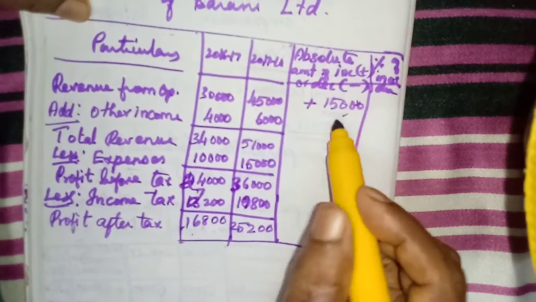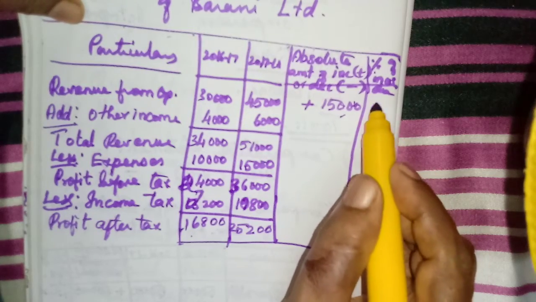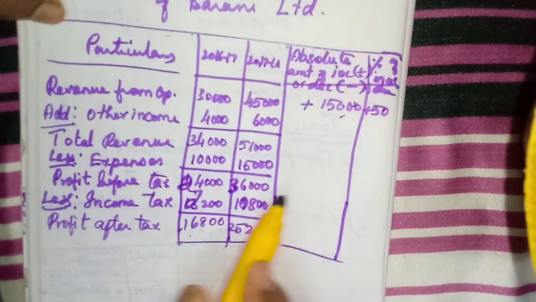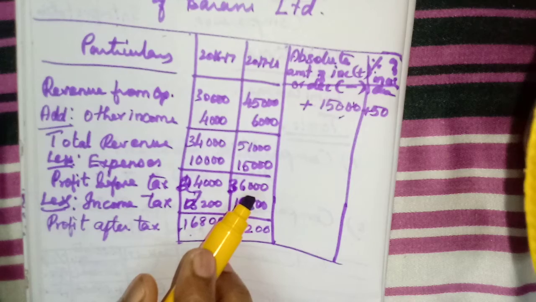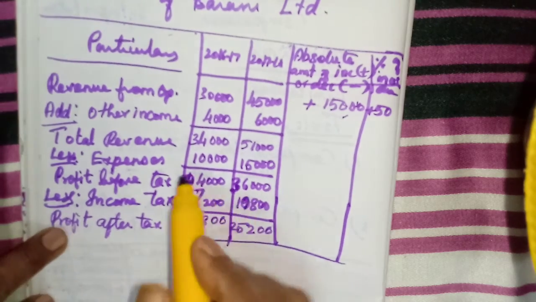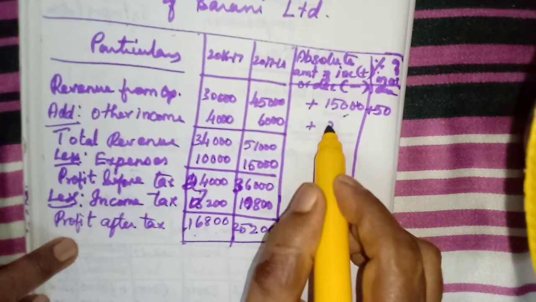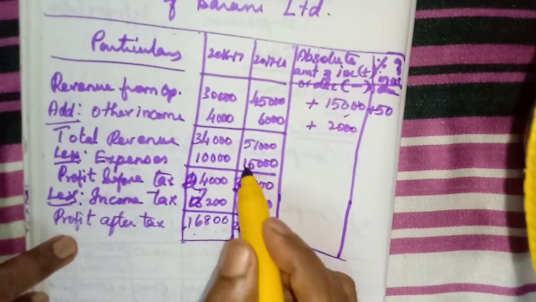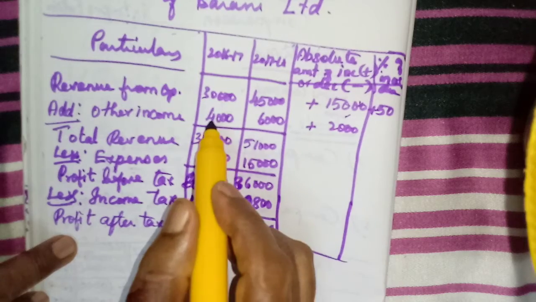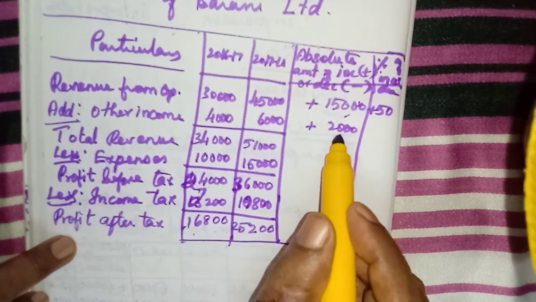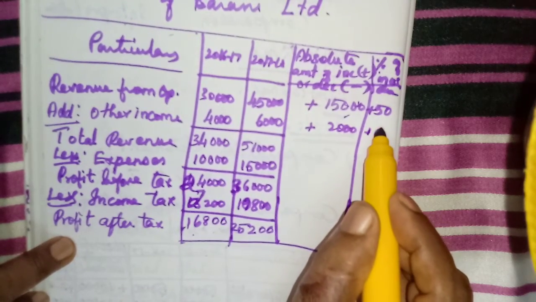So for 100 it will be 50. Okay, plus 50. Then here increase plus 2,000. For 4,000 of, so plus 50.